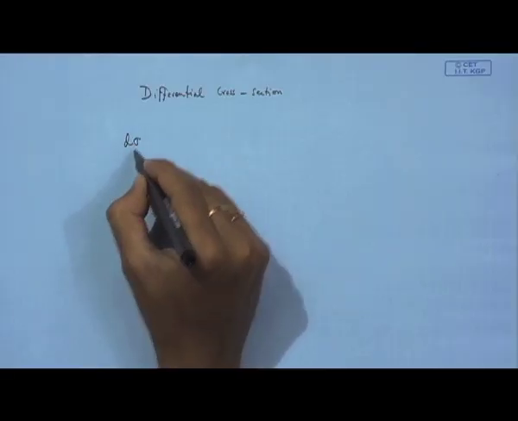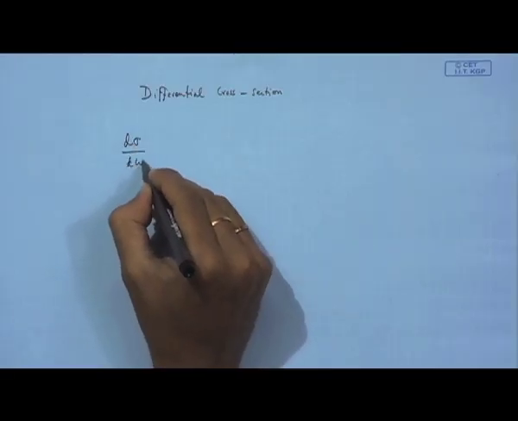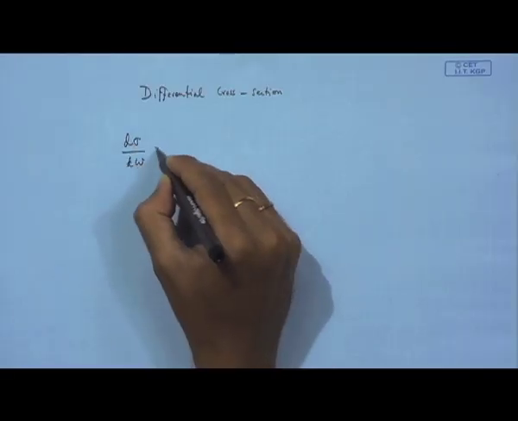Then you find out the reaction cross section as a function of scattering angle, and this quantity is quantified by the term d sigma d omega, the differential cross section.